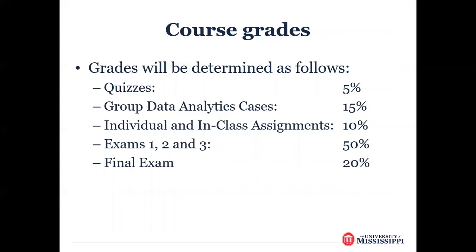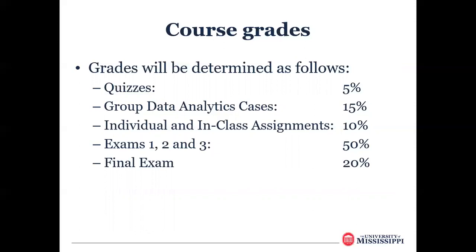Midterm exams 1, 2, and 3 will collectively be worth 50%. Each of those 3 exams will be equally weighted. Okay, so 50% divided by 3, so a little less than 17% on each of those 3 midterm exams. And then the final exam will be worth 20%.